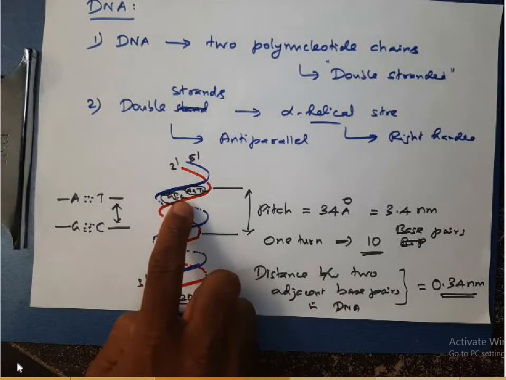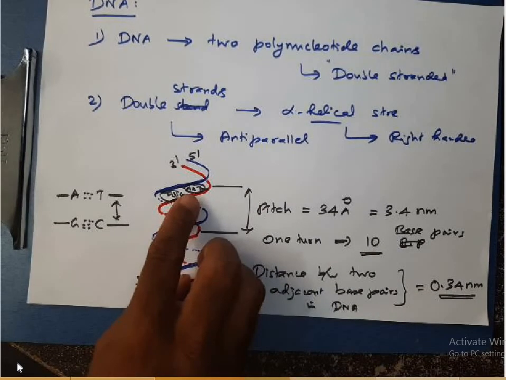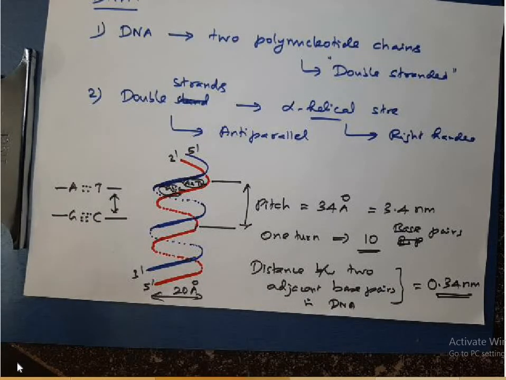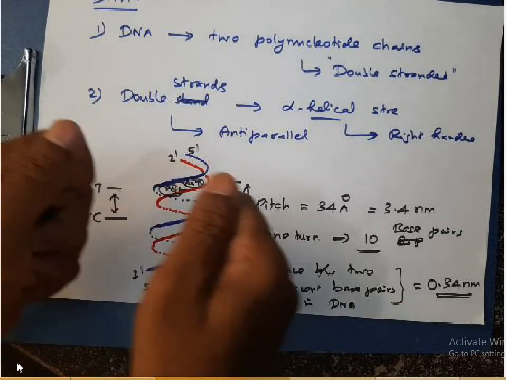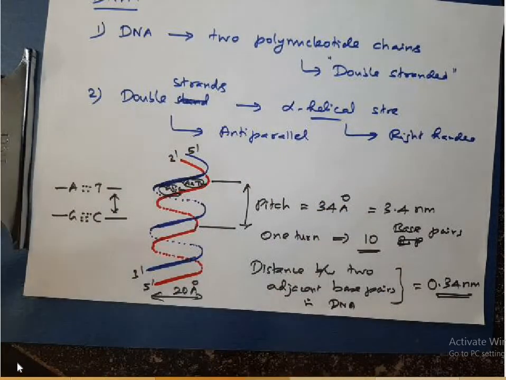The high temperature or the radiations may break the hydrogen bonds between the base pairs. Between the base pairs, we have hydrogen bonds. So when ultraviolet radiation falls on that, it will break the hydrogen bonds. If it breaks the hydrogen bonds, the two chains will start to move away.